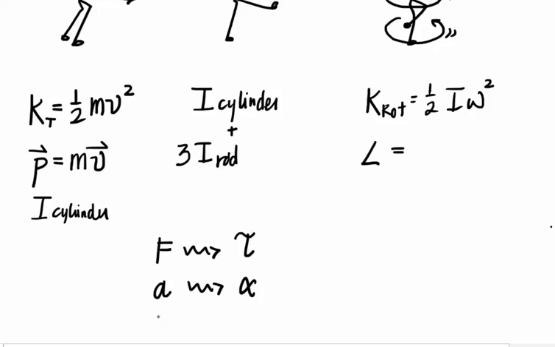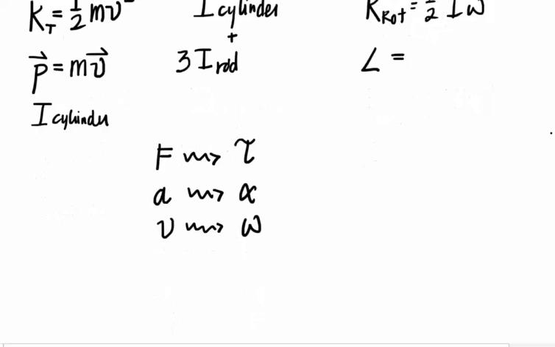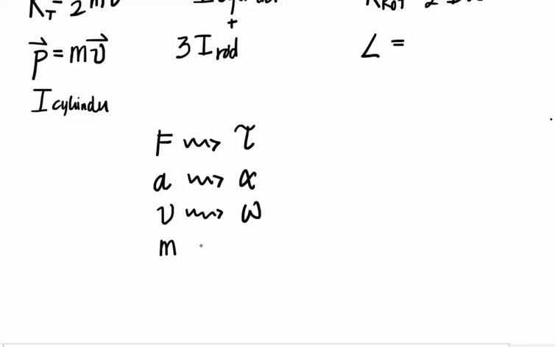What about the rotational analogy of speed or velocity? Omega, angular speed. And then what about a rotational analogy for mass? Moment of inertia. Okay, so if momentum is mass times velocity, then angular momentum should be I omega. Very good. That's it.